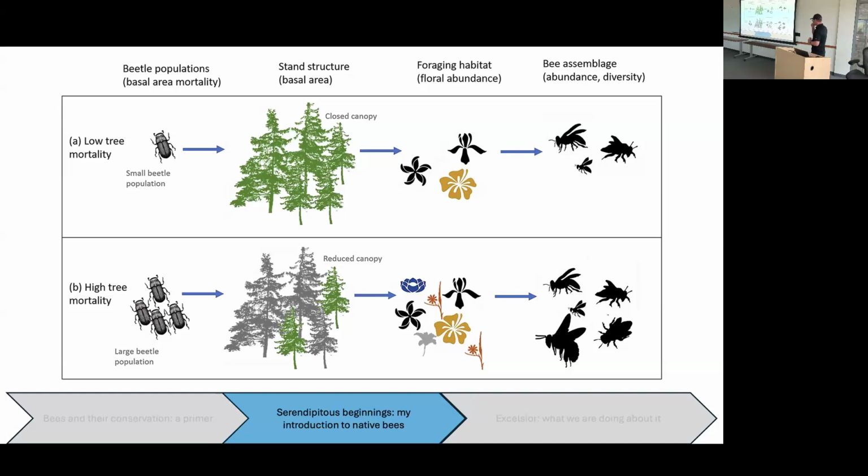And without showing any more figures, this turned out to be true. In areas where we had a lot of mortality from spruce beetles, that resulted in an uptick in the biodiversity of flowers and bees in those stands.